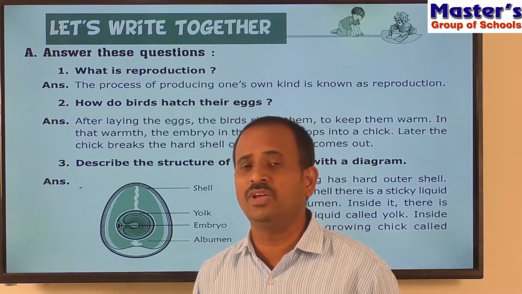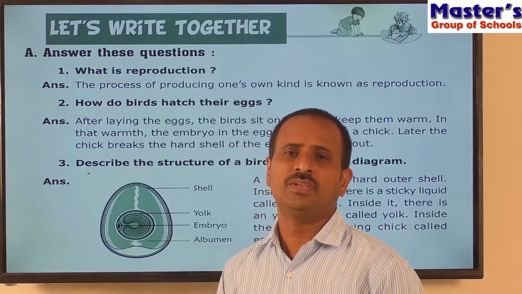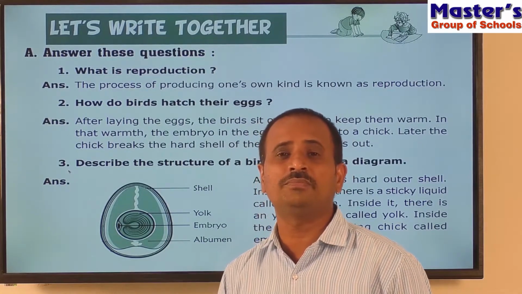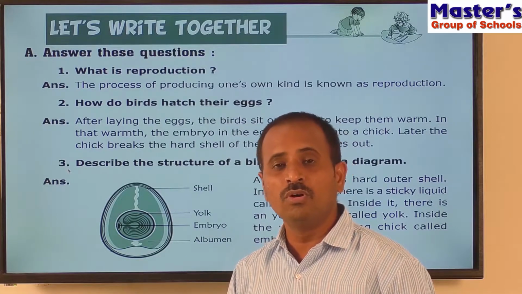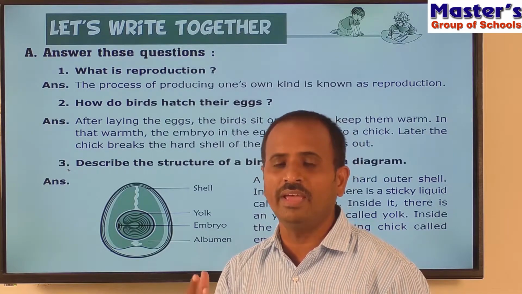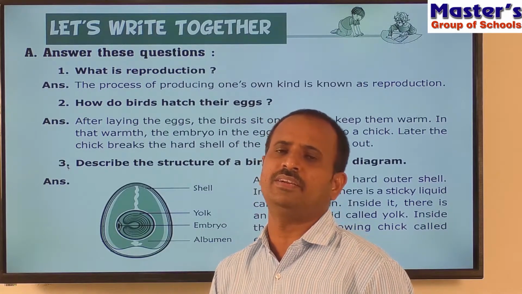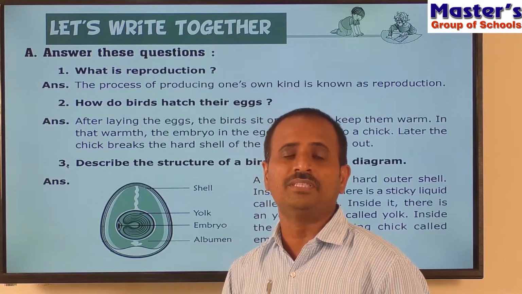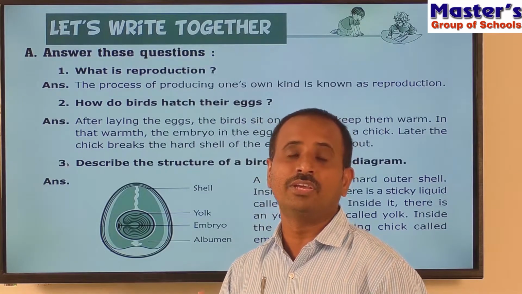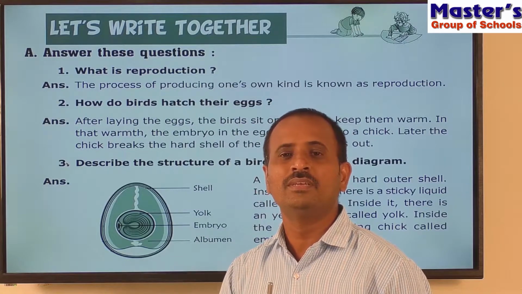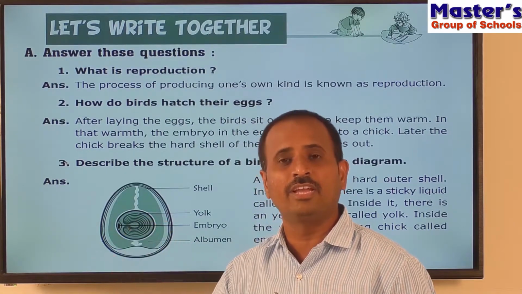Children, already we have discussed it in the beginning of the chapter. Every living organism has the capability of giving birth to their own kind, that is, giving birth to their young babies. These young babies look similar to their parents, and gradually grow into adults, and again they will give birth to their young ones.